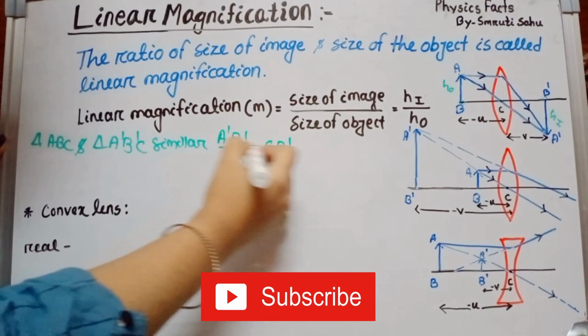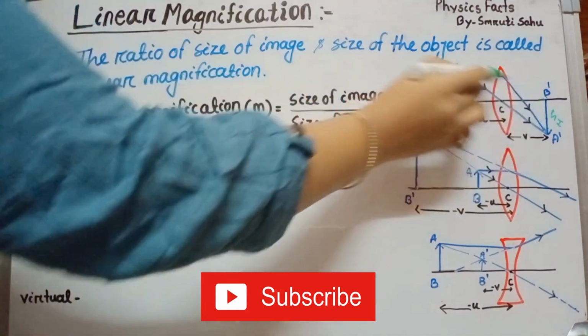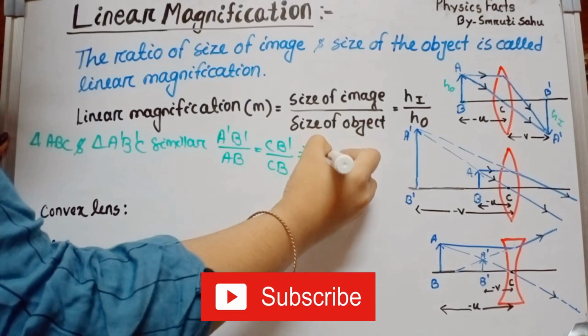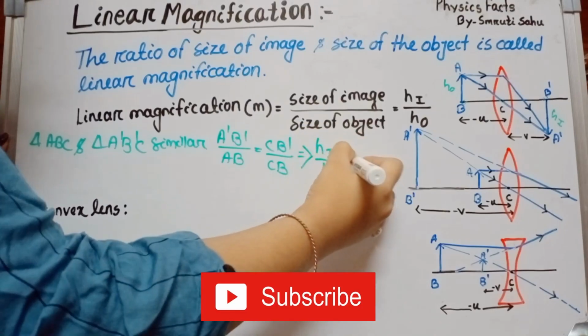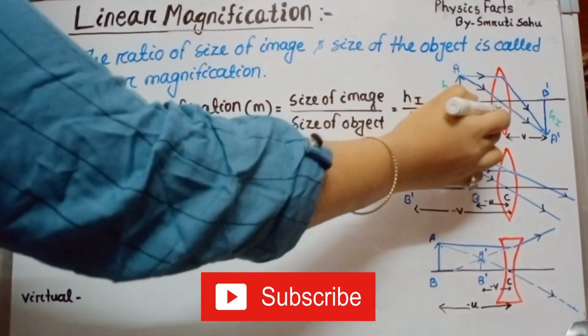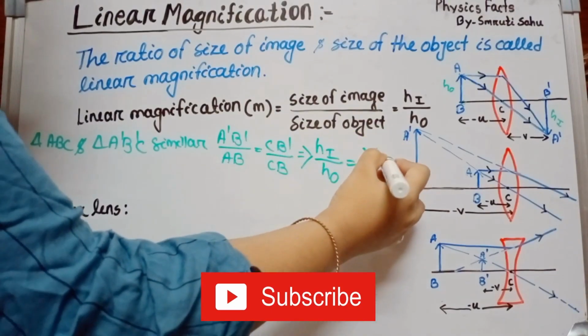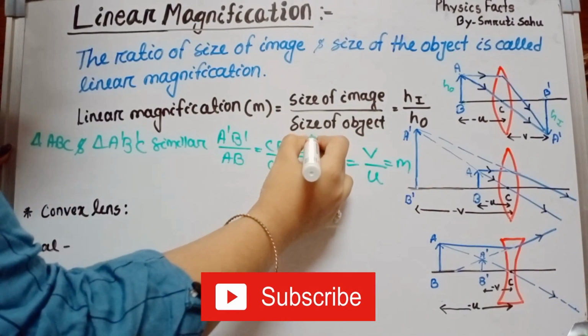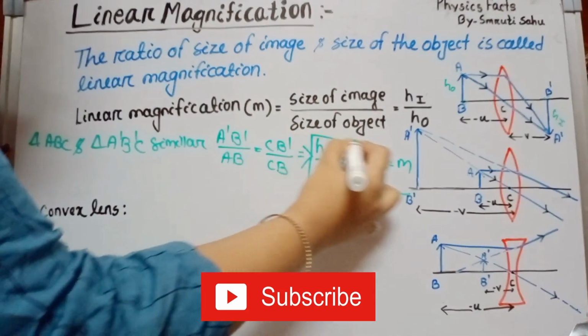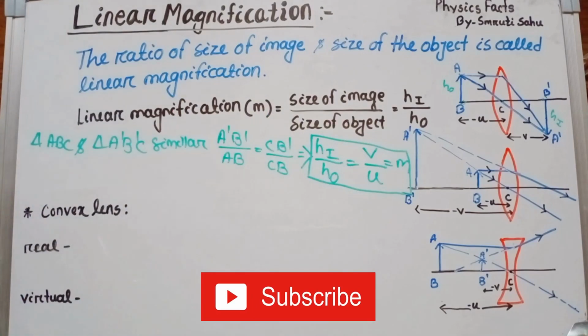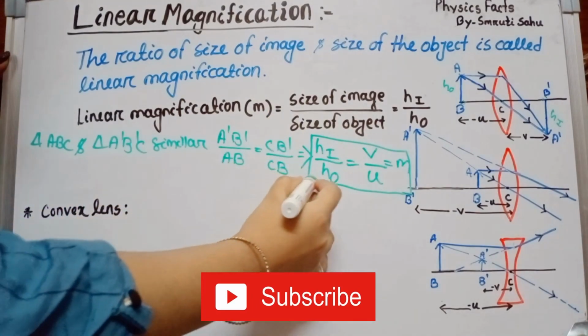That means A prime B prime is the height of the image, AB is the height of the object. So we got height of the image by height of the object equals CB prime, that is image distance, by CB, that is object distance. So magnification m equals HI by HO, or the ratio of image distance to the object distance. Okay students, this is the formula we got.